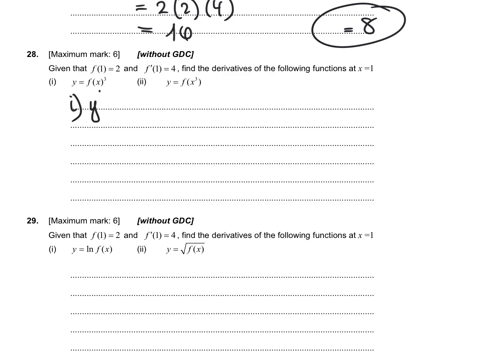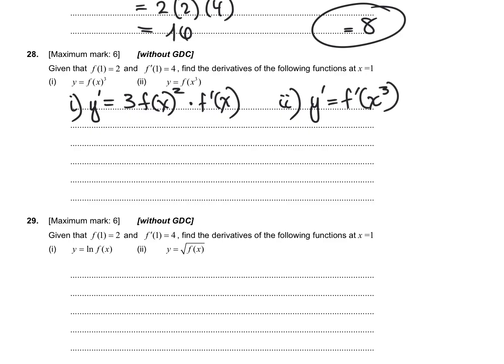We're going to have the derivative is 3 f at x squared times the derivative of f at x. And for double I, we want the derivative of the whole function times the derivative of the inside, and we want to add 1. So 3 times f at 1 squared times the derivative at 1.